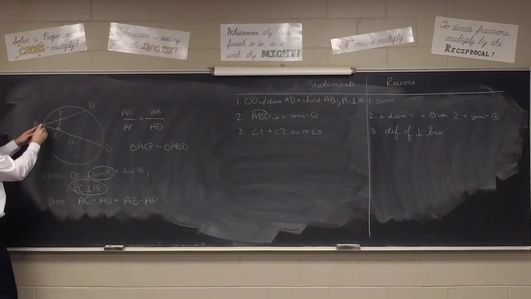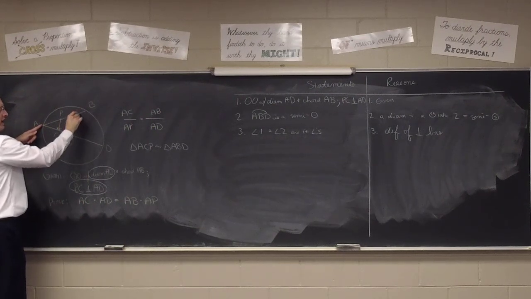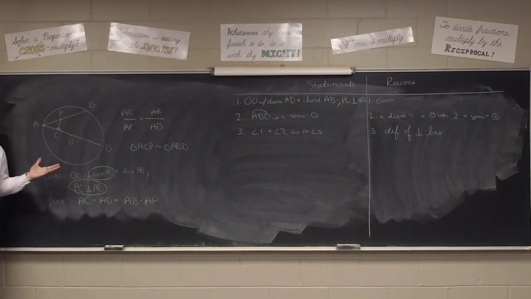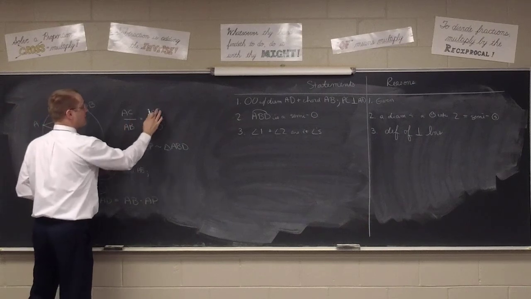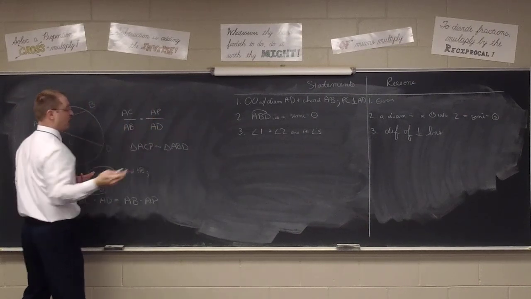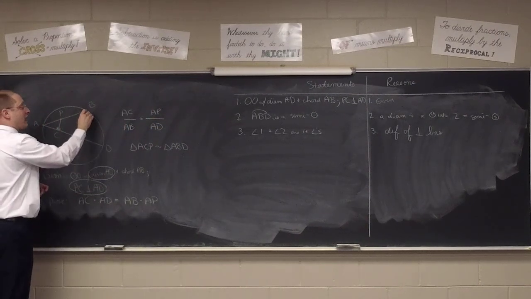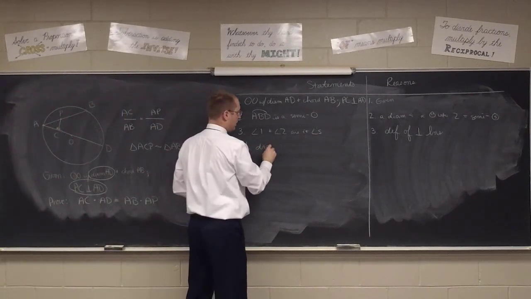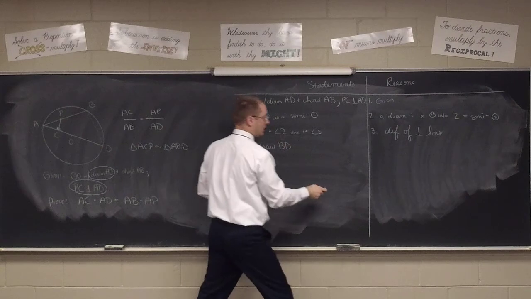Well, now I'd have ACB, I'd have to draw that line, and APD, I'd have to draw that line. That would be a little bit more of a challenge, wouldn't it? But the way in which Jamie set it up works really well for me. Let's go ahead then and draw BD. Reason, class.